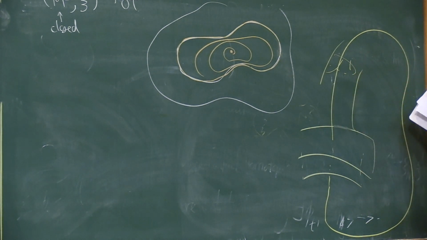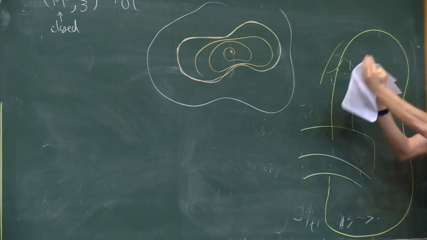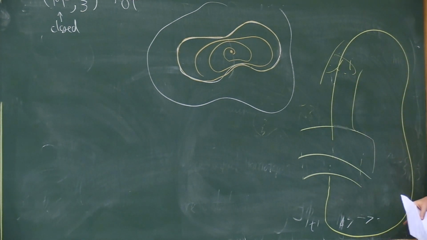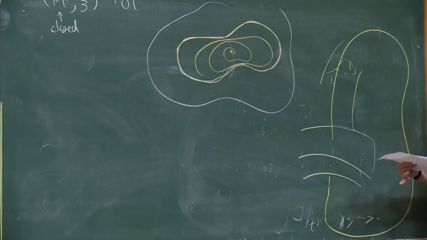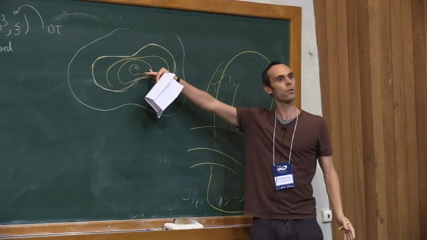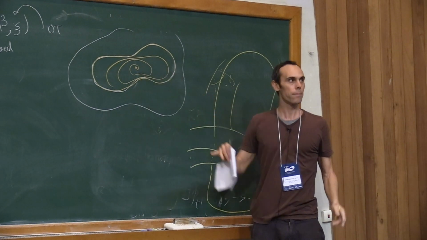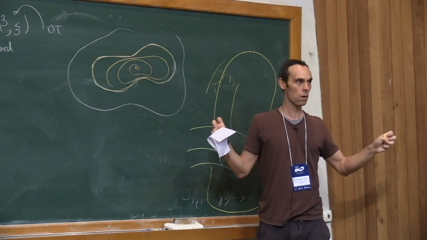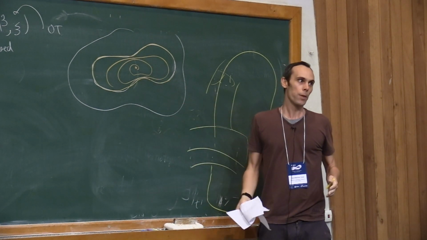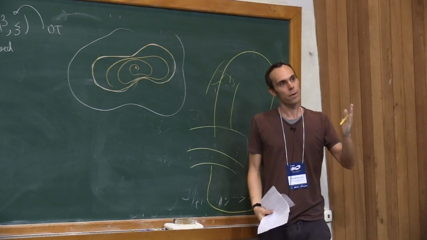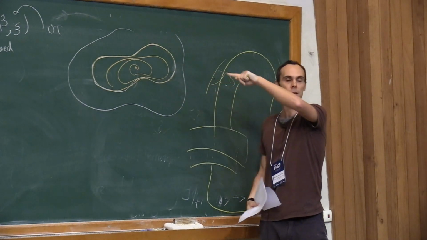If you perform this process in the contact world, what you do is, given a contact three-manifold and a transverse cycle, you can produce a new contact structure that contains an over-twisted disk. So you can always spoil any given three-dimensional contact structure into an over-twisted one. Now, what is the advantage of spoiling your contact structure by putting in an over-twisted disk?